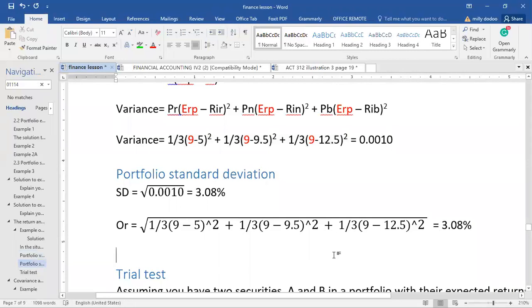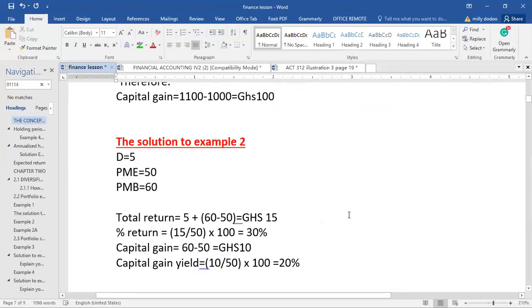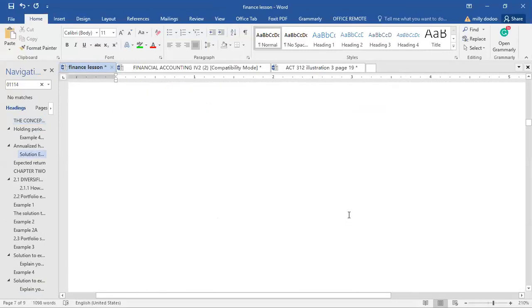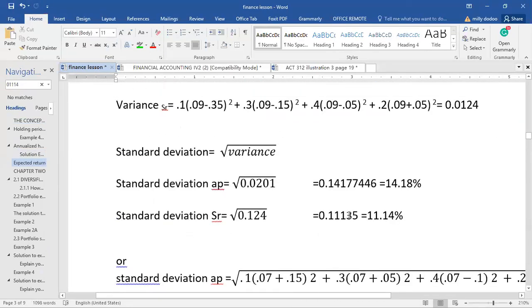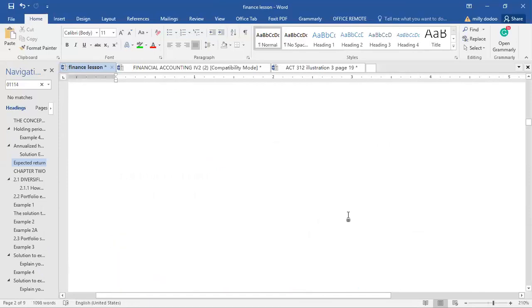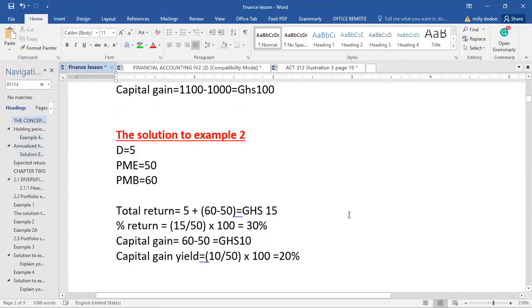And I must reiterate that anytime you are solving it, kindly solve the question systematically in steps. I think I did that for you at the beginning of the lecture. Let me see if we had it. I told you that your lecturer wants everything to be solved systematically. So when you are solving the question, please and please again, kindly solve it systematically.